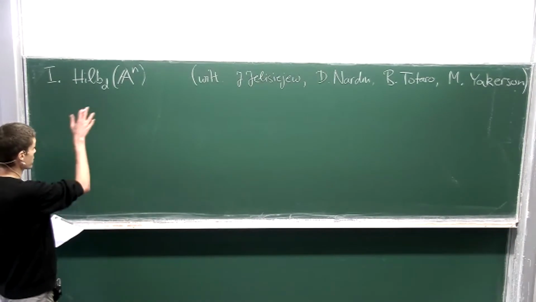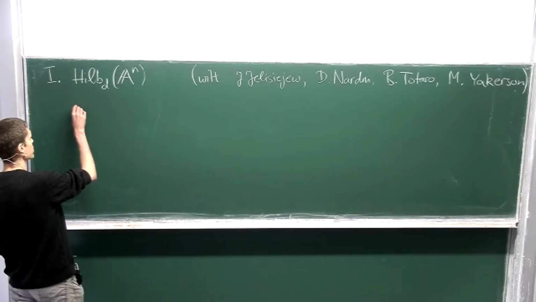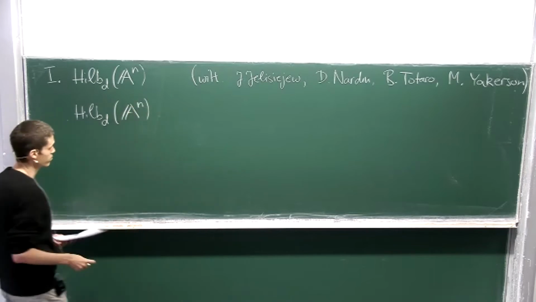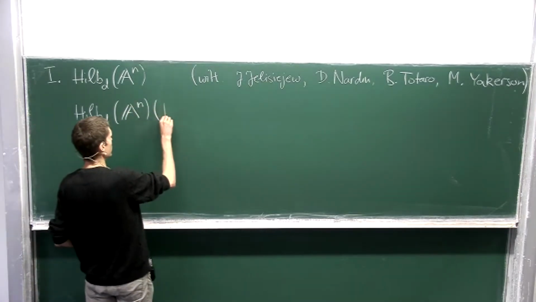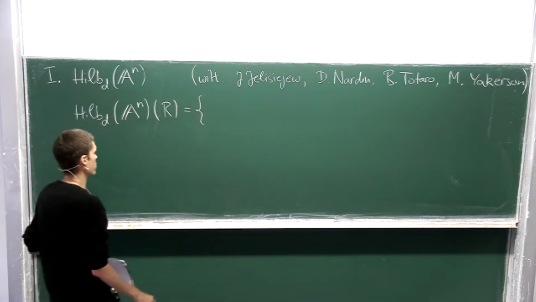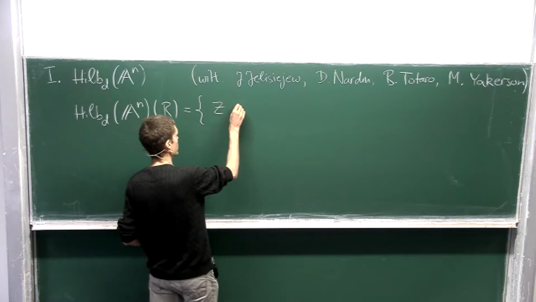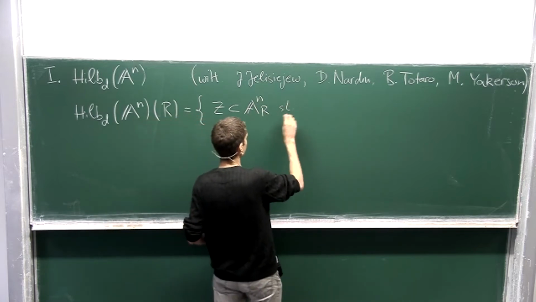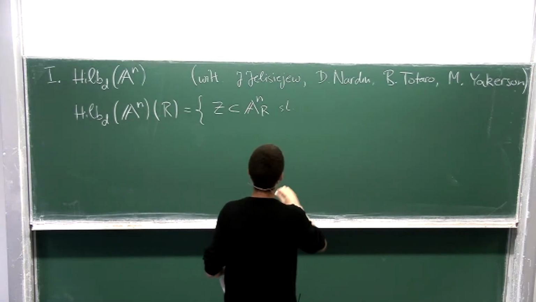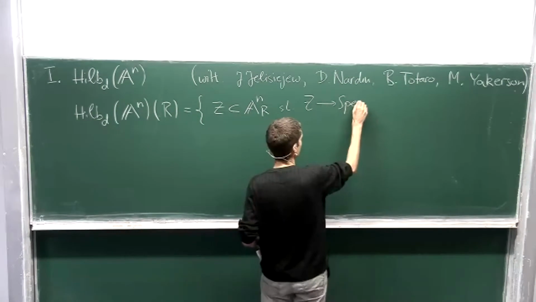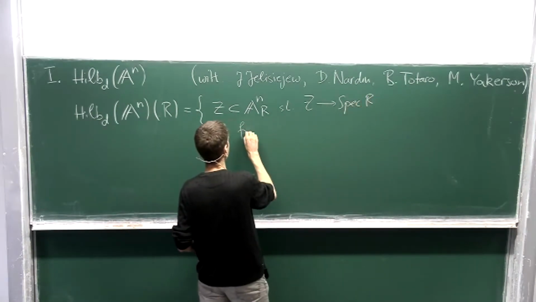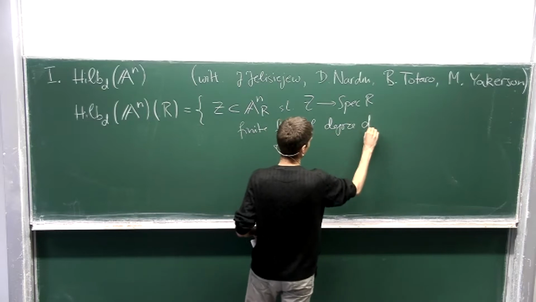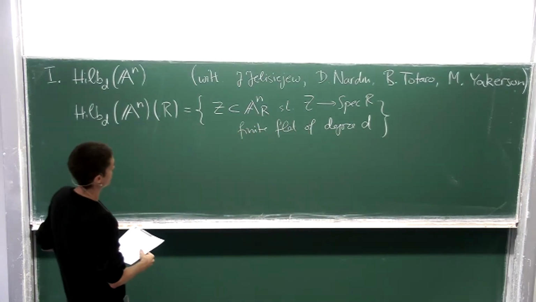So let me first recall the definition of this scheme. One considers a functor from commutative rings to sets, which takes a ring R to the set of subschemes Z of affine n-space over R such that the map from Z to Spec R is finite flat of degree d.